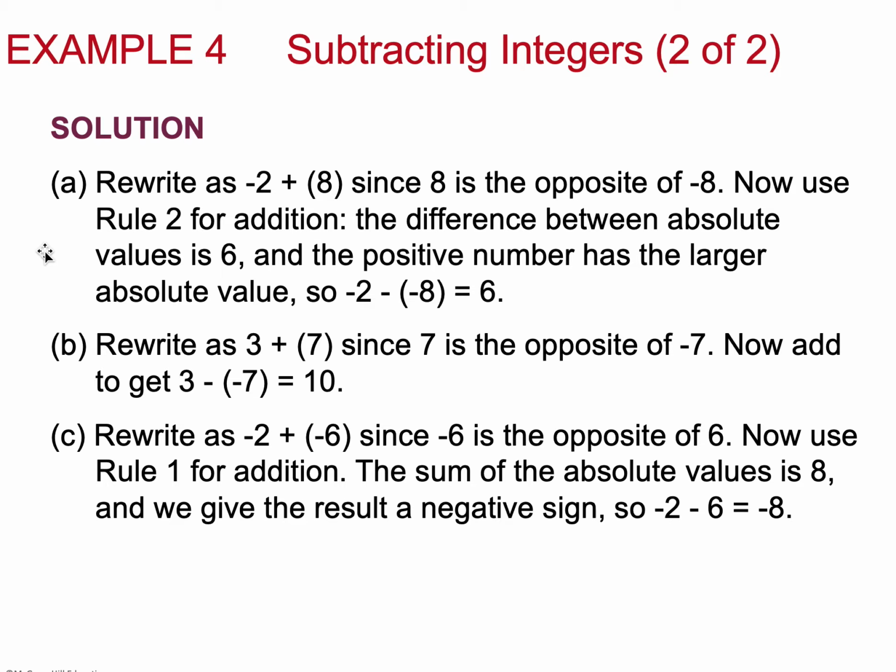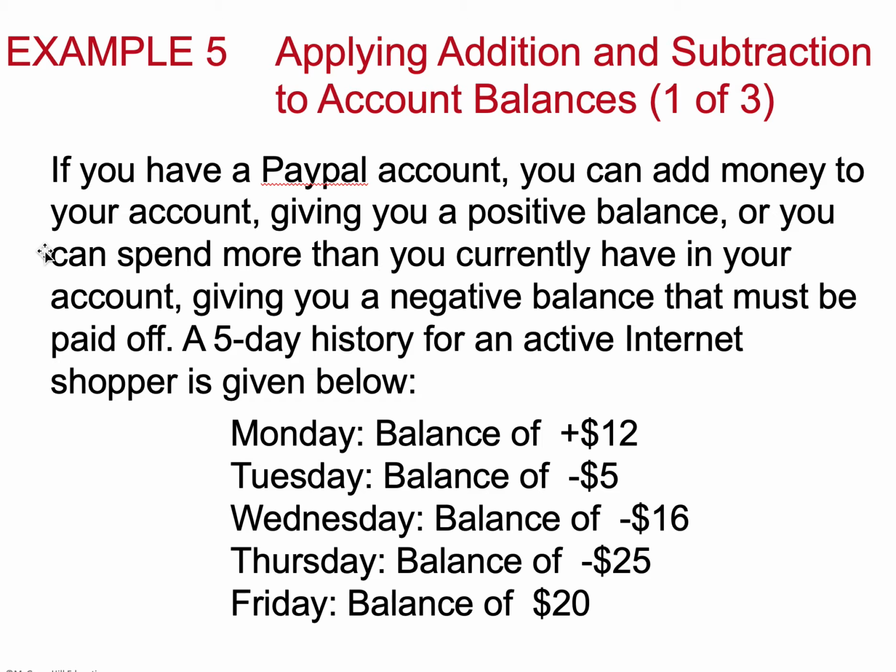They both have the same sign, so I'm going to do 2 plus 6 is 8, and the answer is going to be -8. Now, one of the ways my students like to remember this is "change." So if I have 2 minus -8, change the subtraction, change the negative, so it's 2 plus 8. That's just an interesting thing that has always stuck with my students.